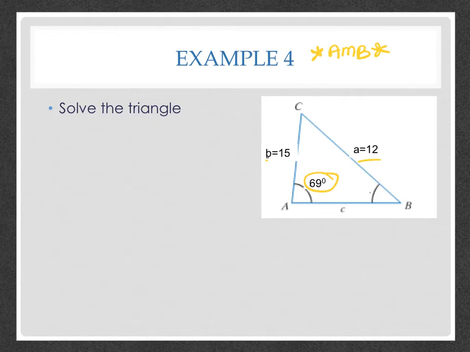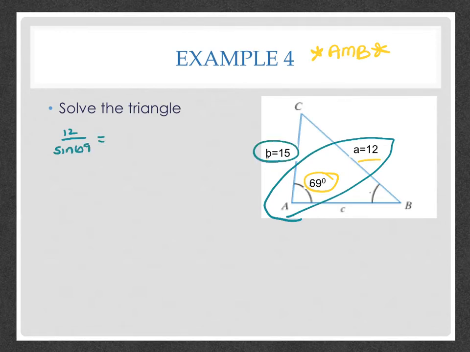So then for here, I'm going to again start the same way. I've got one completed ratio, it's A, so 12 over the sine of 69 equals, B is the only other one I have information on, and it's side B. So 15 over the sine of B. Cross multiply. We can call it B1. Sine of B1. And then divide both sides by 12.